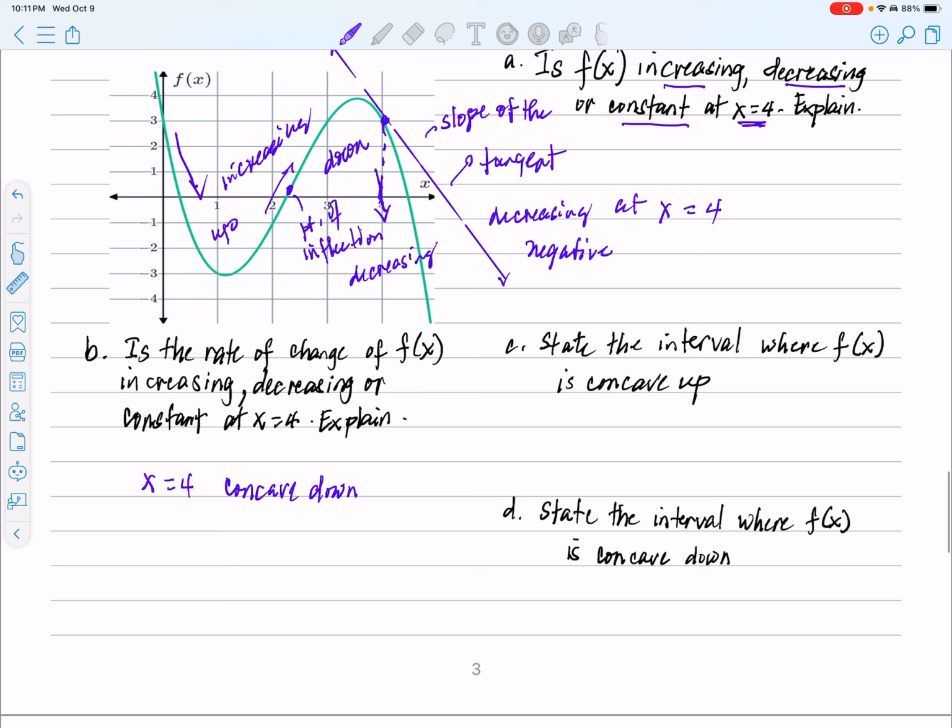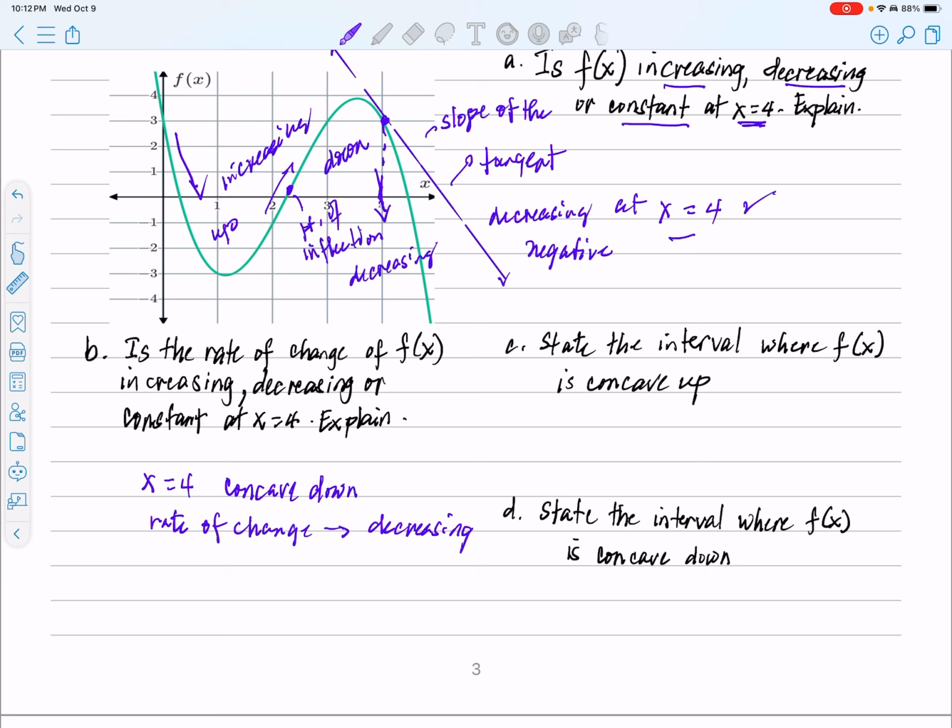When it's concave down, what can you say about the rate of change? Of course, the rate of change is decreasing. It's very clear. Am I right? Here at x of 4, decreasing at 4.